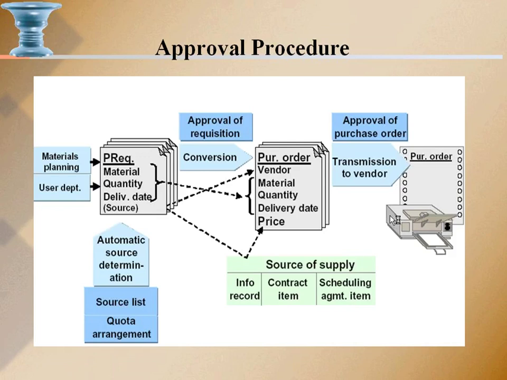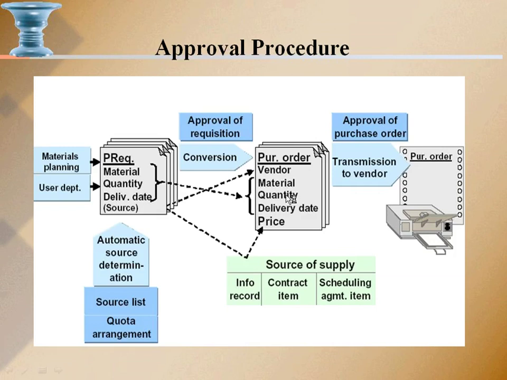When you set up the release procedure or the online approval process on the documents, unless you complete that activity, you will not be able to carry out the subsequent steps. For example, if you set up a release procedure on the purchase requisition, unless the approval is completed, you will not be able to convert the purchase requisition into a purchase order.